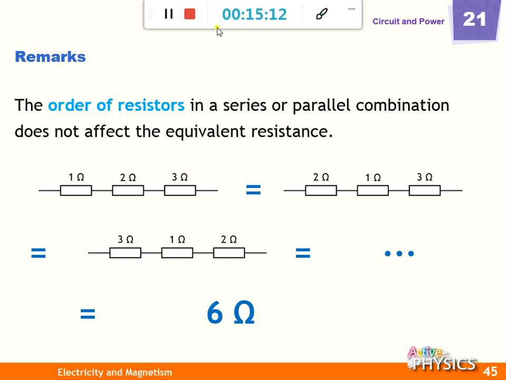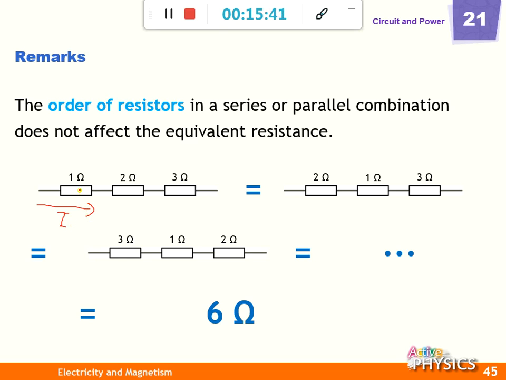Remarks here. The order of the resistance in series or in parallel combination does not affect the equivalent resistance. It means that if you want to change the order of them, for example 1 2 3, 3 2 1, 3 1 2, like that, all of them should be the same. Because when the current passes through it, the charge will release energy.